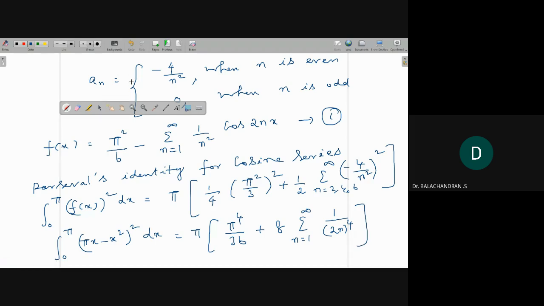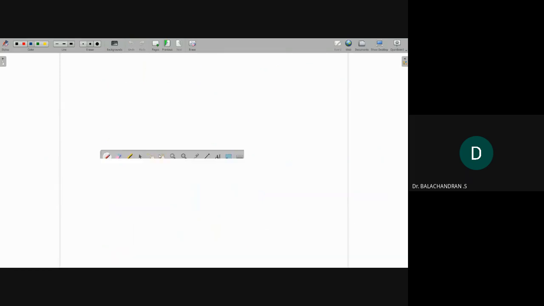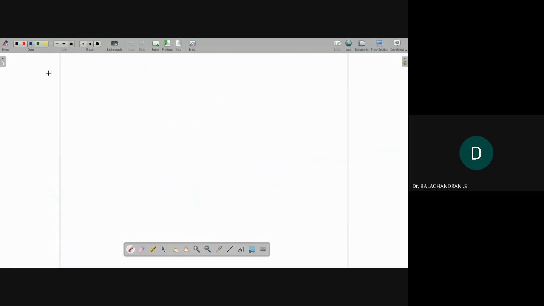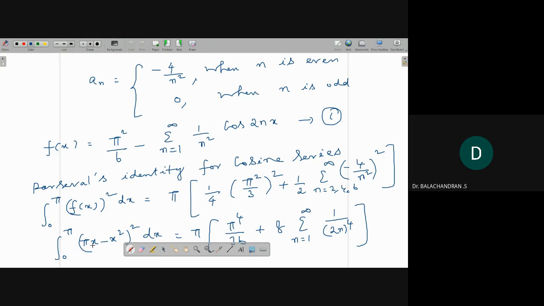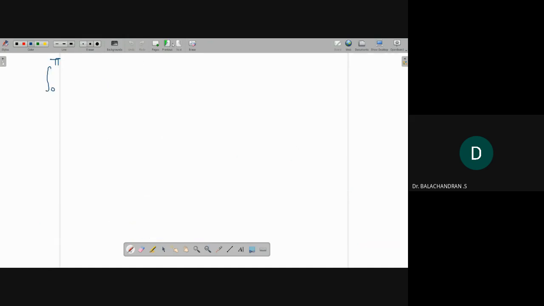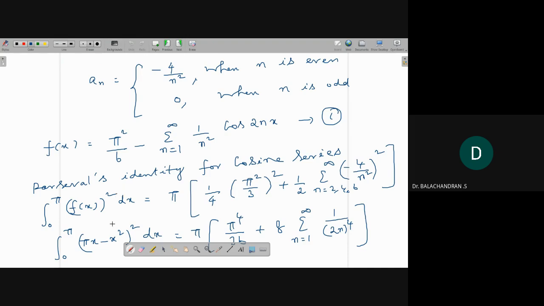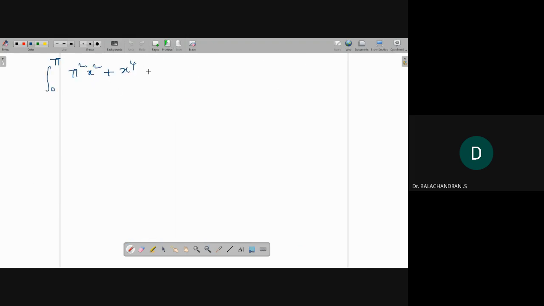Now the left hand side, just expand it. Integral 0 to pi of pi square x square plus x power 4 minus 2 pi x cube into dx.